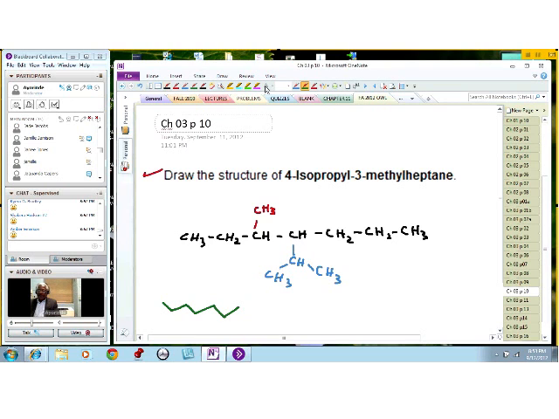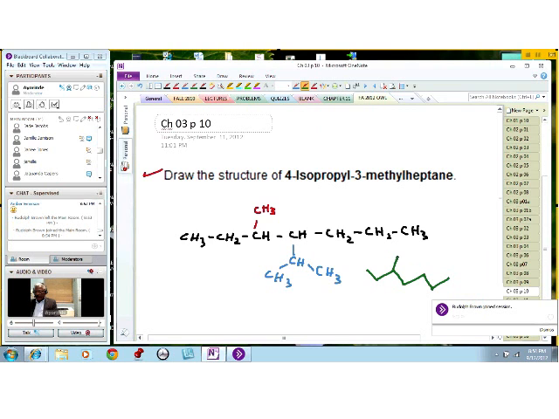Now let me write this up here so that I have room to put my branches. 1, 2, 3, 4, 5, 6, 7. So in position number 3, I have methyl. Position number 4, I have isopropyl.